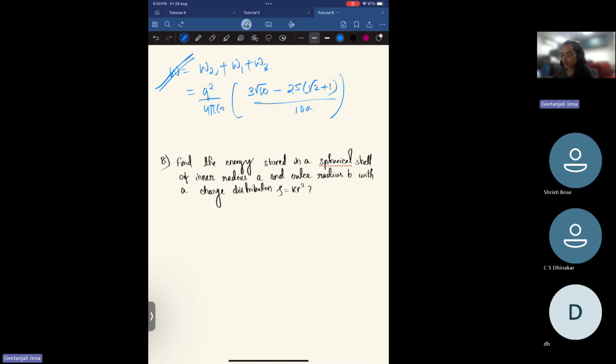The volume charge distribution rho is k r square.